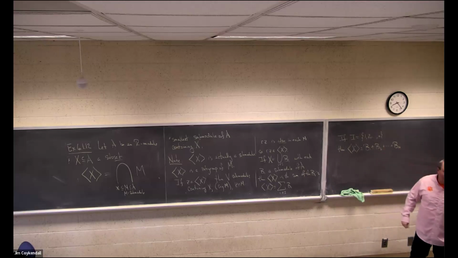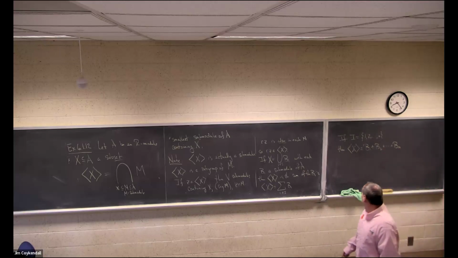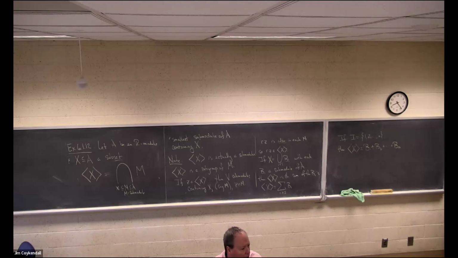Okay, so let me ask you a couple of review questions here, at least for the group theory aspect. In this case where X is the sum of the B_i's, what's the difference between just a sum like I've written here and a direct sum? What would it mean for these B_i's to be direct? Yes, their intersection is trivial.